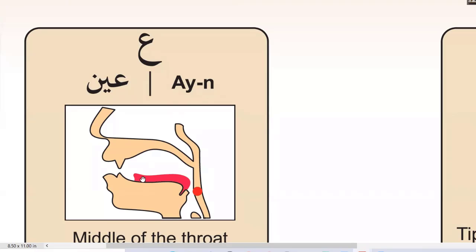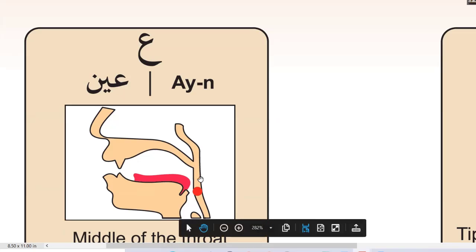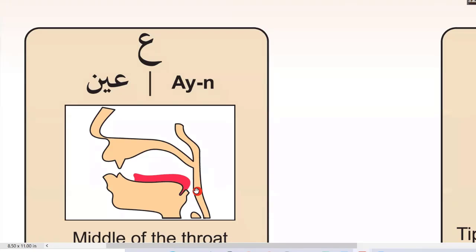You only involve your throat, and your tongue remains relaxed at the bottom. The sound comes out from your throat, and you can say "a, a, a, a".